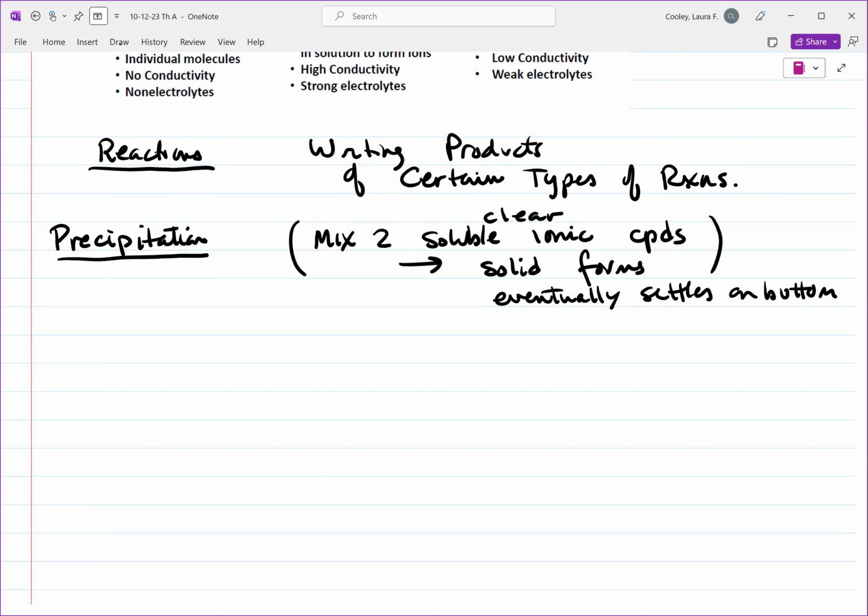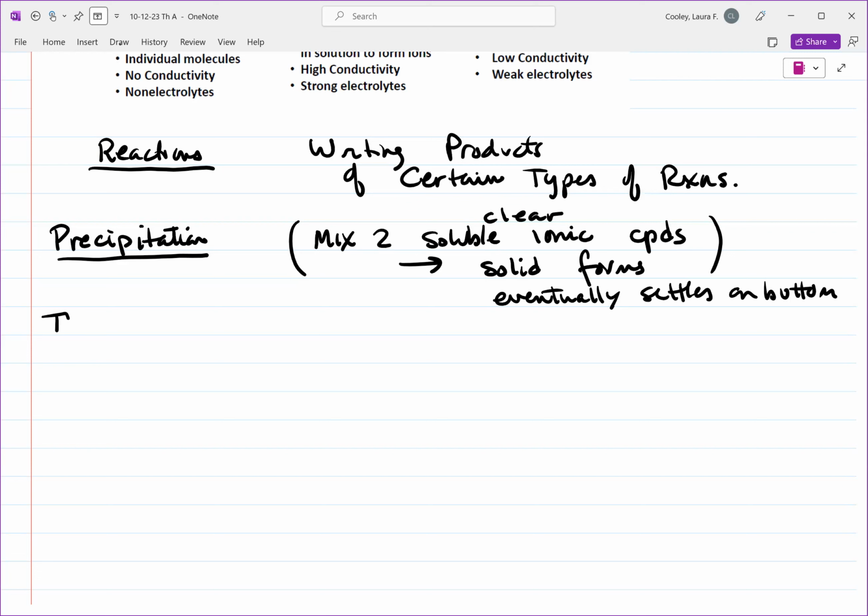So when it happens is when a reaction mixture, so after you mix those together, that's the reaction mixture, contains a combination of cations and anions that correspond to an insoluble ionic compound.